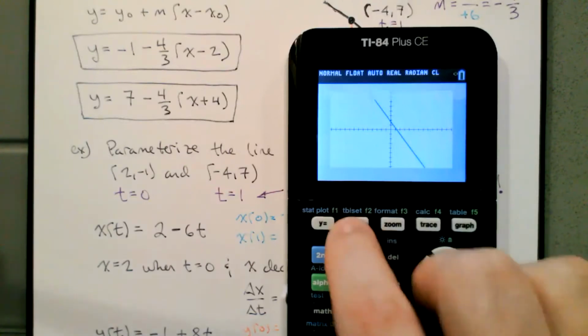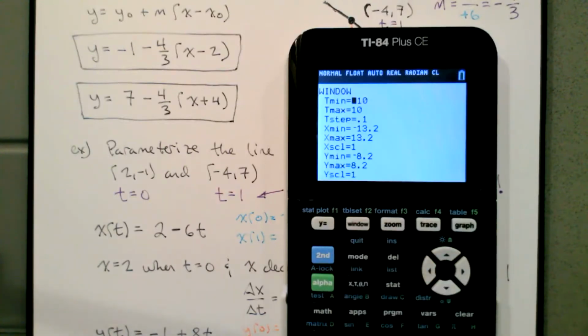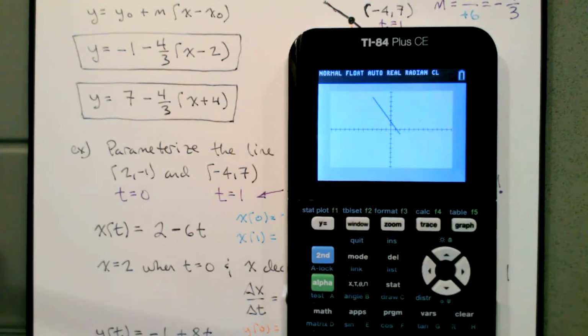Note that on my window, I've set this up to plug in values of t from -10 to 10, because I knew that would cover everything on this screen. If I only graph the values of t from 0 to 1, I'm only going to get the line segment connecting those two points. It starts off at -4, 7, goes to 2, -1, and then stops.